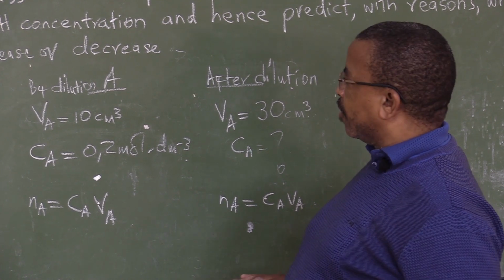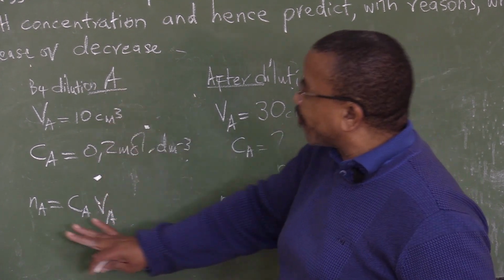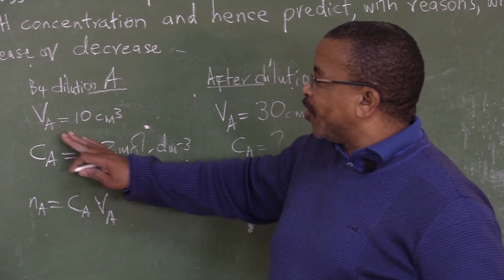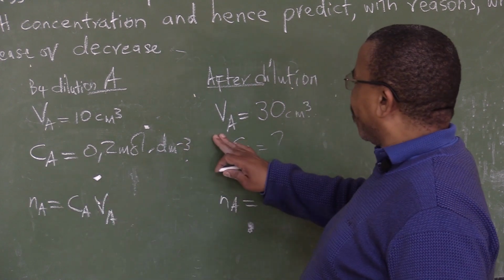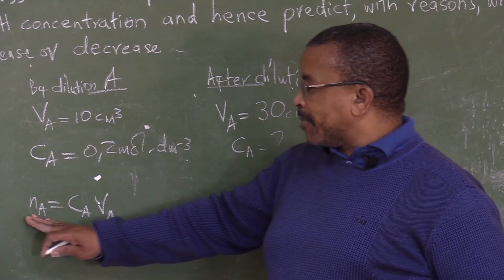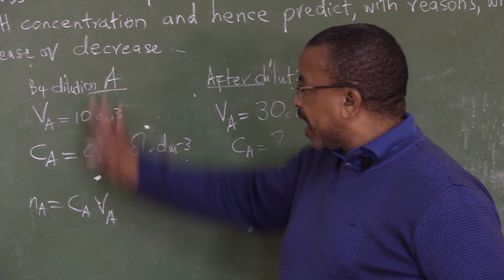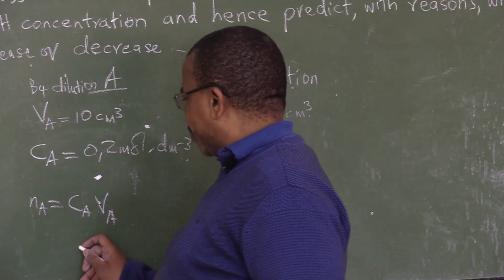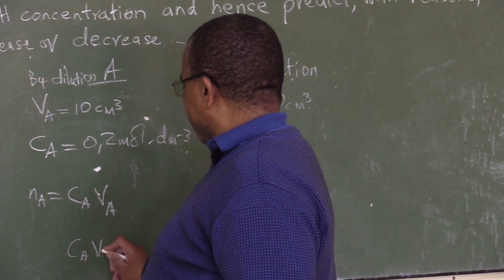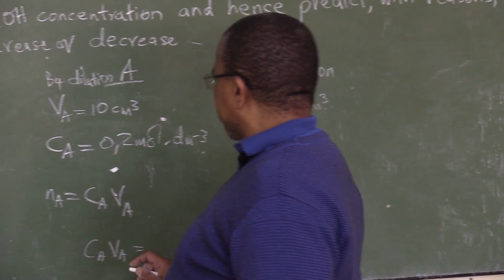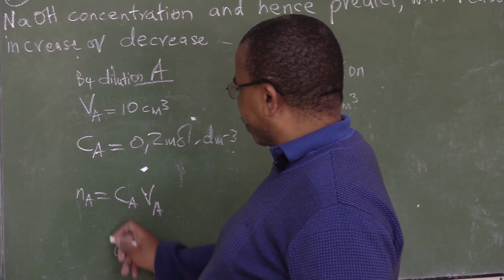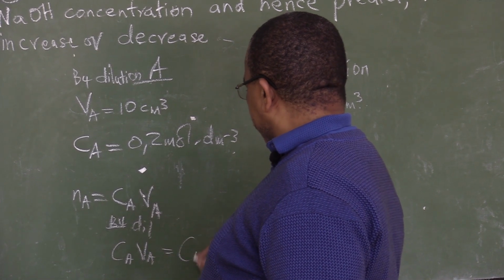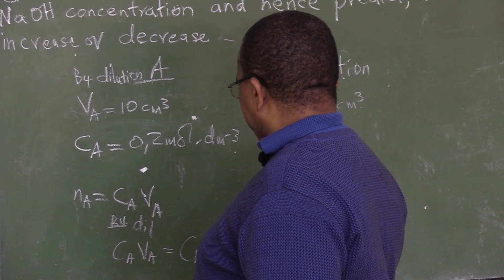It's the number of moles of A: volume of A times concentration of A. So the number of moles of A before dilution is the same as the number of moles of A after dilution. Then we have CAVA before dilution equals CAVA after dilution.